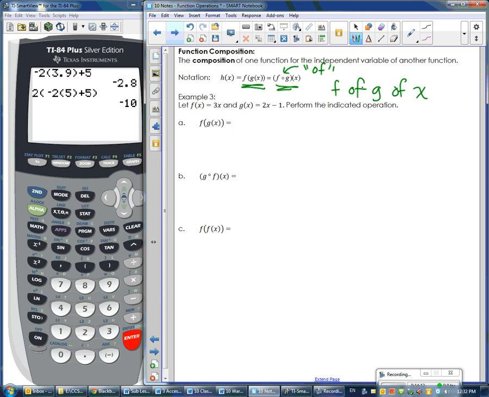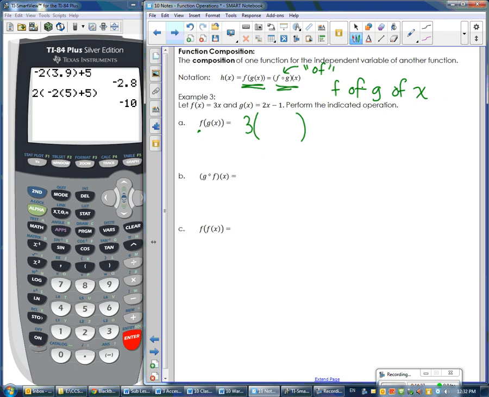And so if I've got these functions, f of x is 3x and g of x is 2x minus 1, if I want to evaluate f of g of x, what I'm going to do is essentially write the pattern of f, because that's what I'm starting with. That's my outer function. That's going to be the shell. So f is basically 3 times x, or 3 times something. And then I'm going to replace that something with my other function.